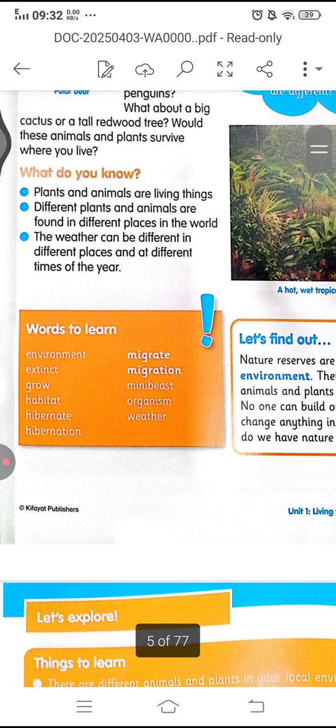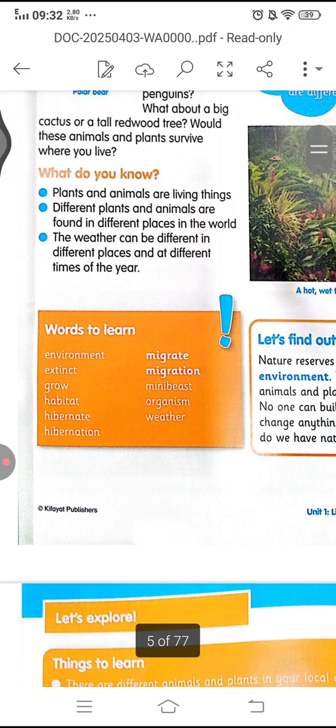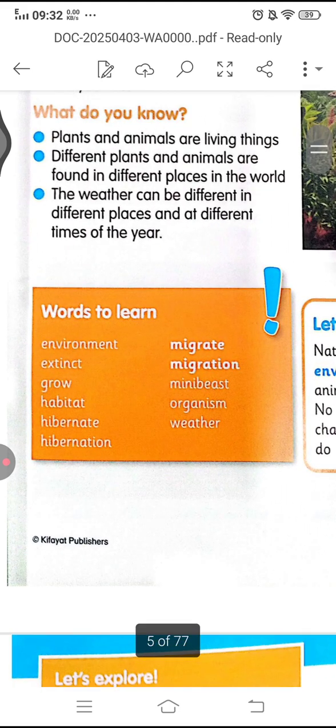Okay, now look at this vocabulary. Environment is, as I told you, the atmosphere, the condition of the atmosphere. Extinct is to diminish, finish, not found. Grow is to enlarge in size.